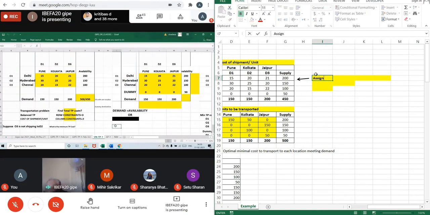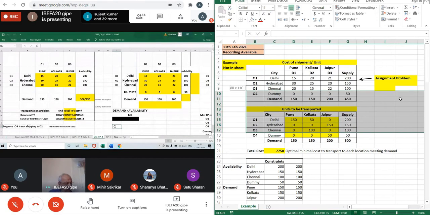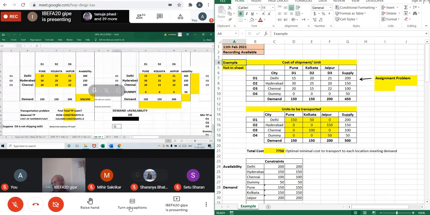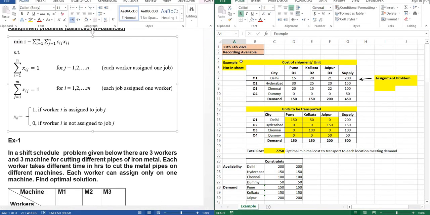And the assignment problem is a little different from that of TP.